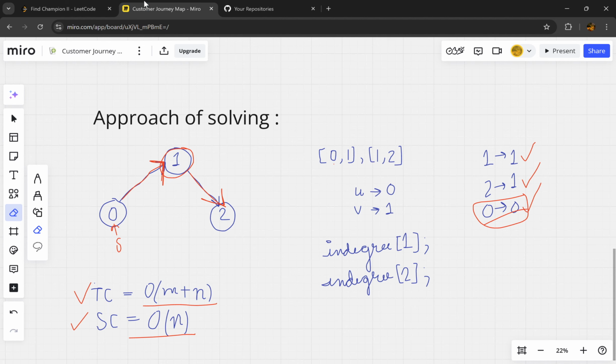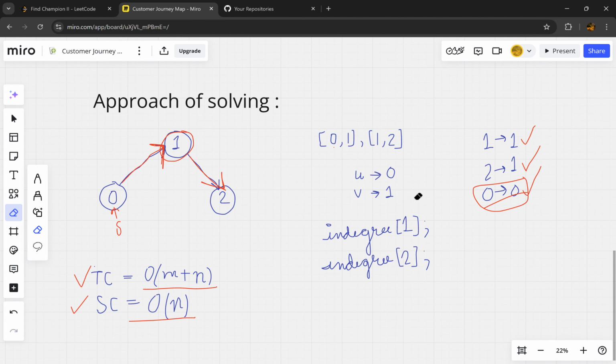You have to remember for this case, if the edge points to 1, then we have to increment in degree of 1. If it points to 2, then we have to increment in degree of 2. So remember that also.